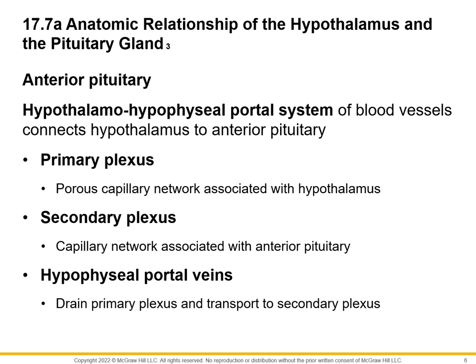Now, importantly, a portal system is a network of blood vessels that essentially begins and ends with capillaries, okay? So you start with capillaries, you have some blood vessels, and then you have another set of capillaries, right? That is unlike other sets of blood vessels in which you have a main vessel, maybe you have an artery, and then you have a capillary, and then you have a vein, right?